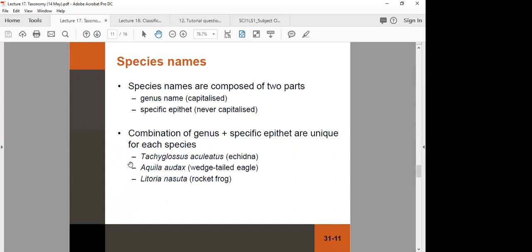So, for example, only the echidna is given the species name Tachyglossus aculeatus. Wedge-tailed eagle, Aquila audax, and the rocket frog, Litoria nasuta. So we can tell straight away by looking at these species names that the echidna must belong to the genus Tachyglossus, and the wedge-tailed eagle belongs to the genus Aquila, and so on.